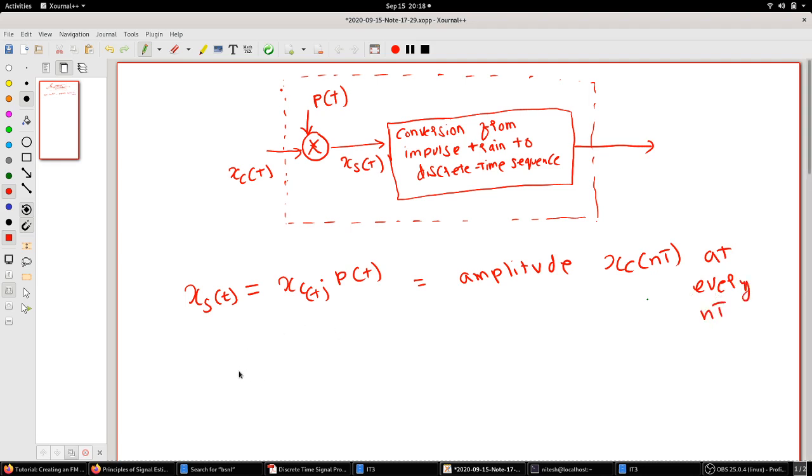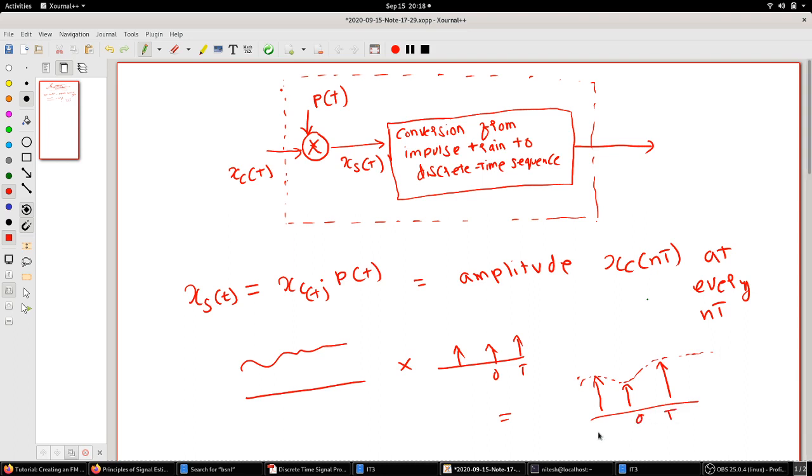So you had some continuous time waveform multiplied by an impulse train separated by T. So what you got here was something like this. You had this impulse train, separated at time instances of T.